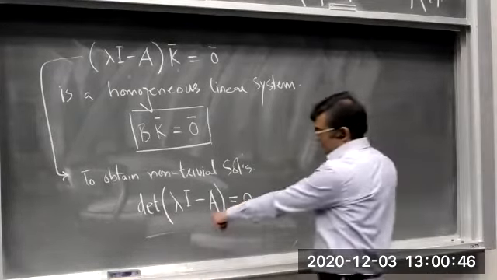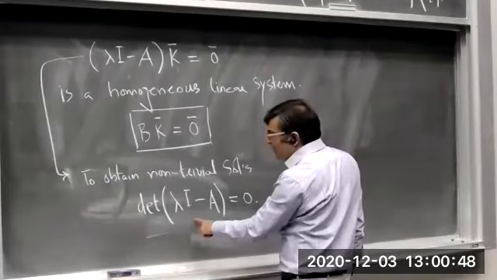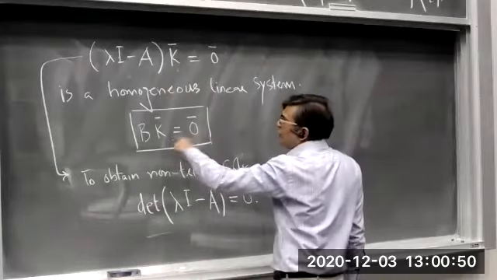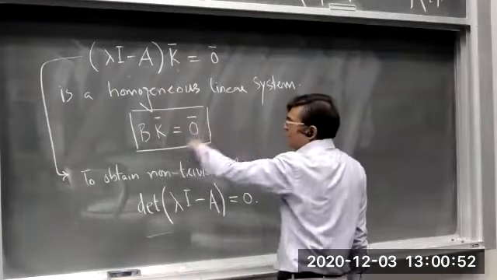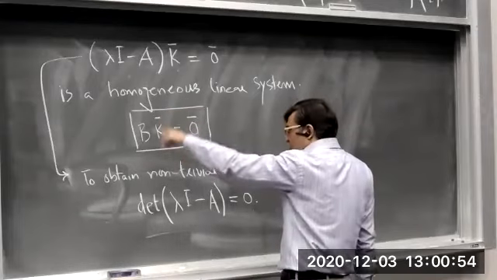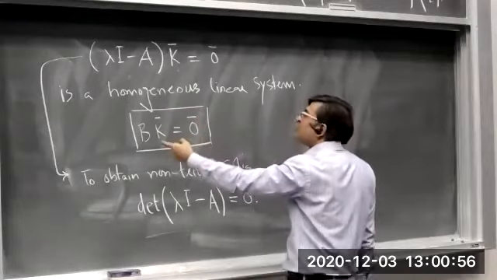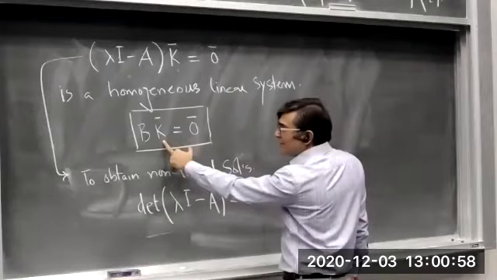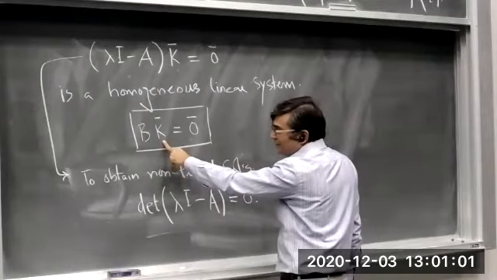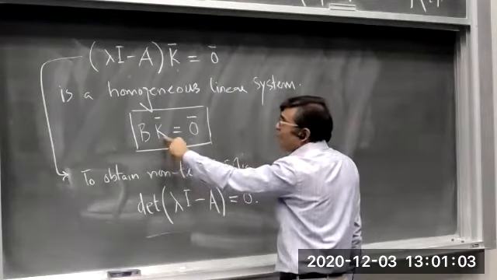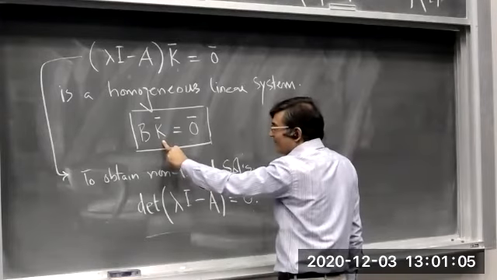If this is true, then we can find the non-trivial solutions of this homogeneous linear system. And non-trivial solutions of this homogeneous linear system are what? They are k vectors. That would be a k vector.